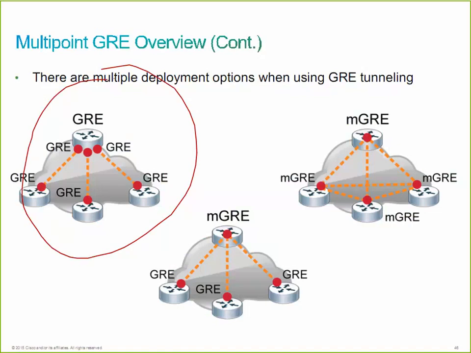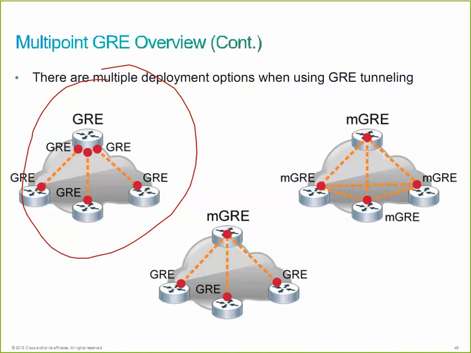We have a set of point-to-point tunnels using only GRE interfaces. On the hub, we need to create as many of those GRE interfaces as there are spokes. And on the spoke, we would just have one GRE interface to go back to the hub. All traffic between the spokes has to flow over the hub.